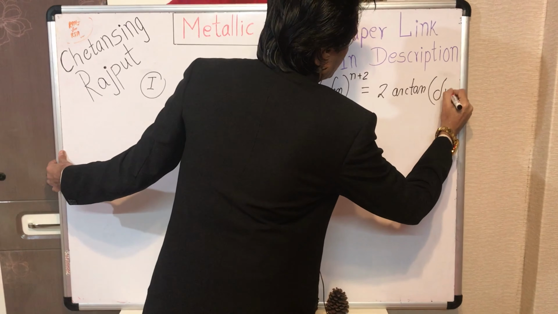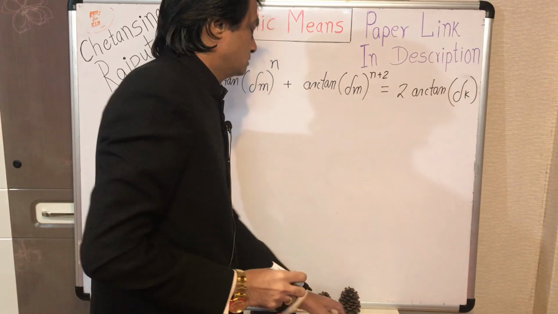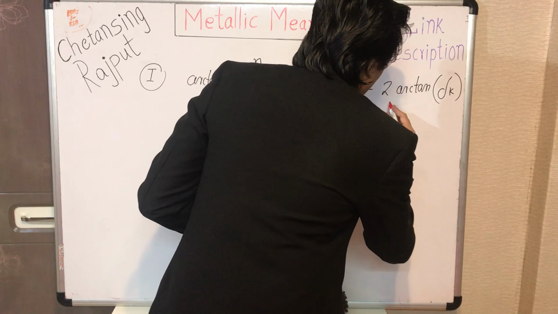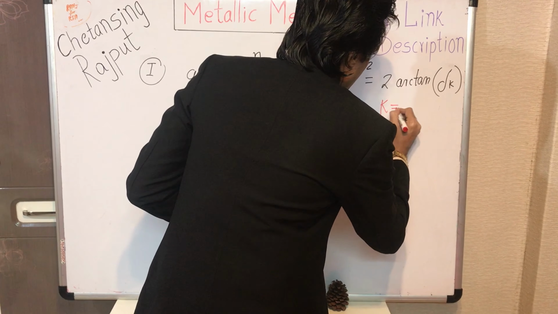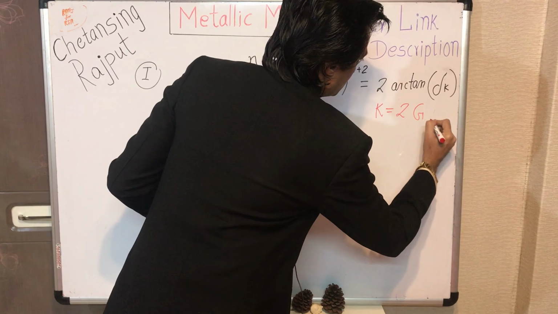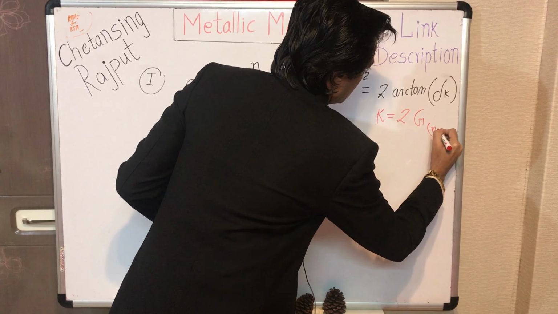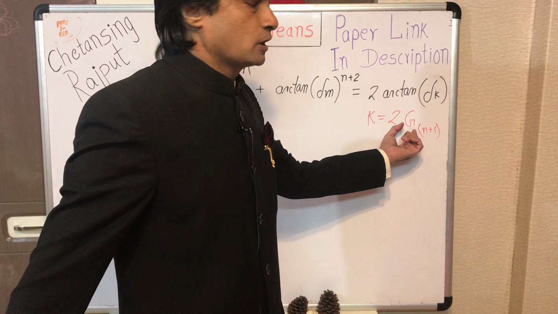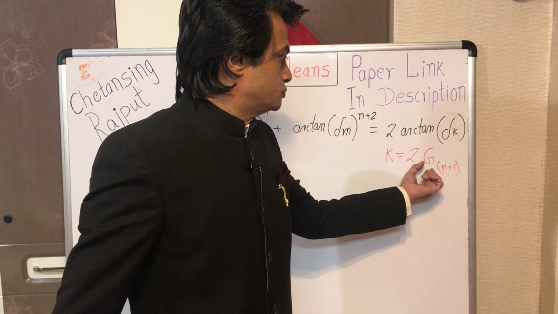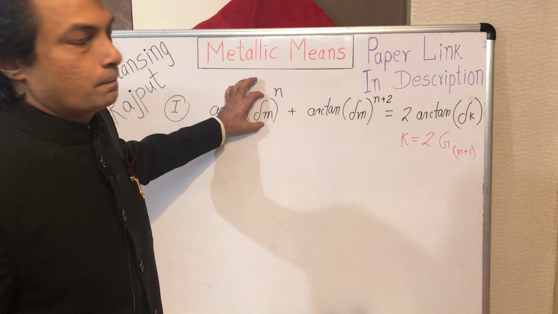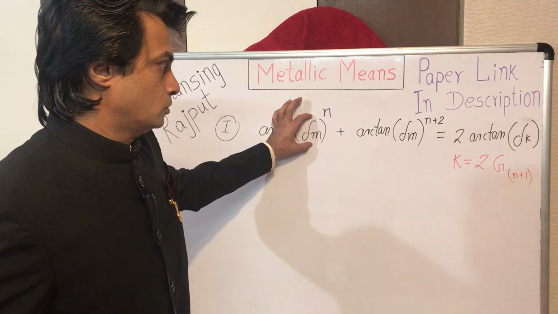of a kth metallic mean, where k is equal to twice n plus 1th term of the generalized sequence associated with that particular metallic ratio.